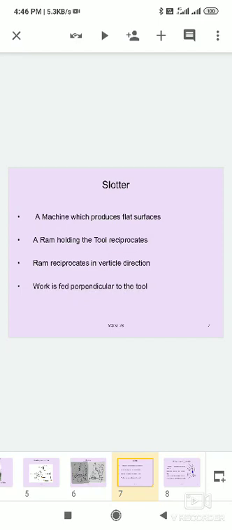It has a rotary table for working operation, so a number of workpieces can be operated because it has a rotary table. The cutting motion is produced by the reciprocating movement of the vertical ram.